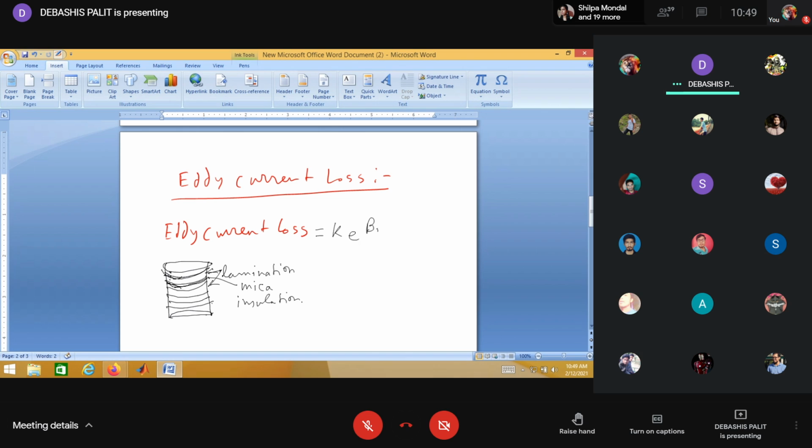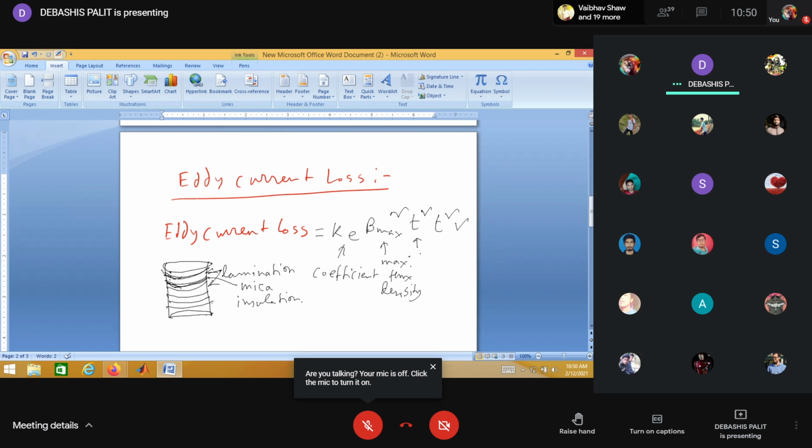So that is Ke into Bmax square into T square into F square into V. Ke is the coefficient, Bmax is the maximum flux density, T is the lamination thickness, F is the frequency of the supply, and V is the volume of the specimen.